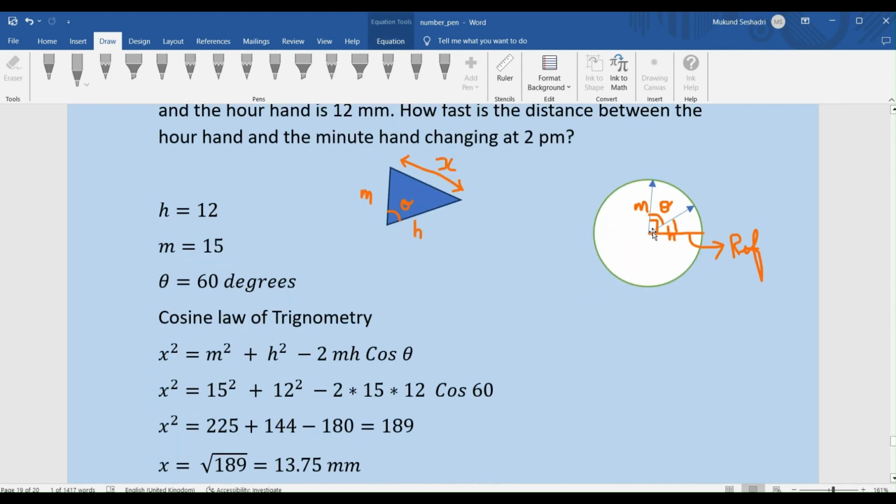And if the minute needle makes an angle beta with the reference line, which means my theta is nothing but beta minus alpha, right?